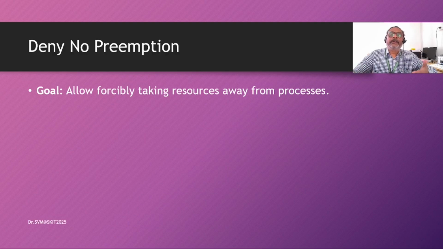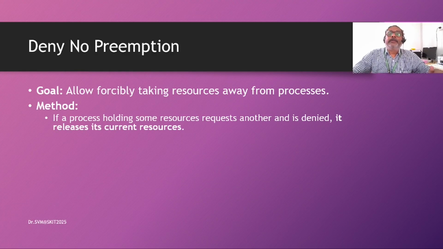The process has to wait, and when it is waiting, what is the purpose of keeping these resources with it? So let the process release the resources, and these resources may be useful for some other process, and that way we can ensure that there is no deadlock.